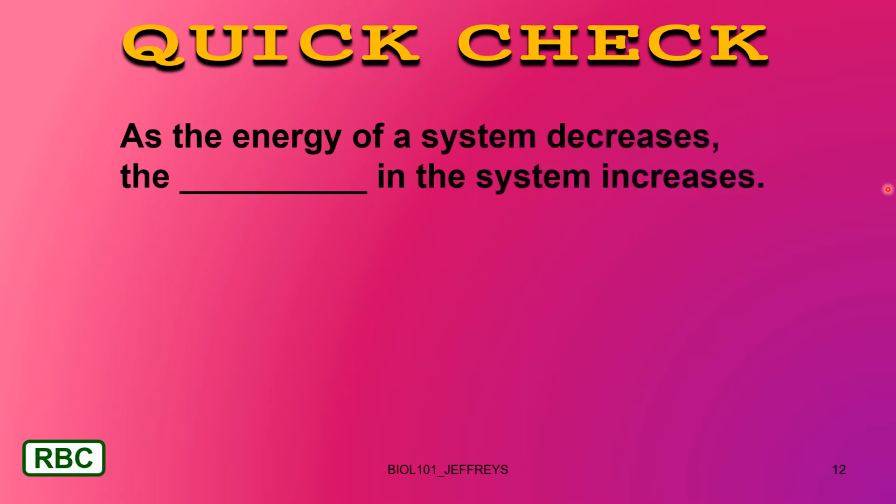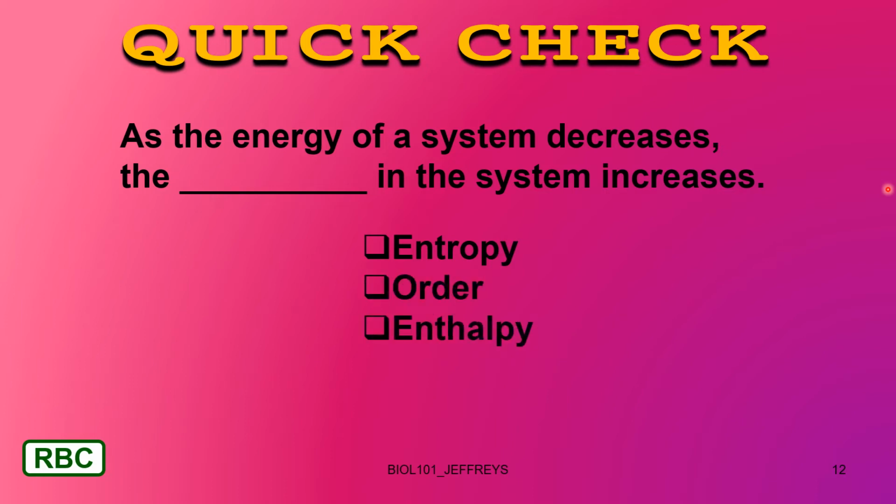All right, here's another quick check. Here's the statement. As the energy of a system decreases, the blank in the system increases. All right. Think about what we just talked about. Your choices are entropy, order, enthalpy, potential.